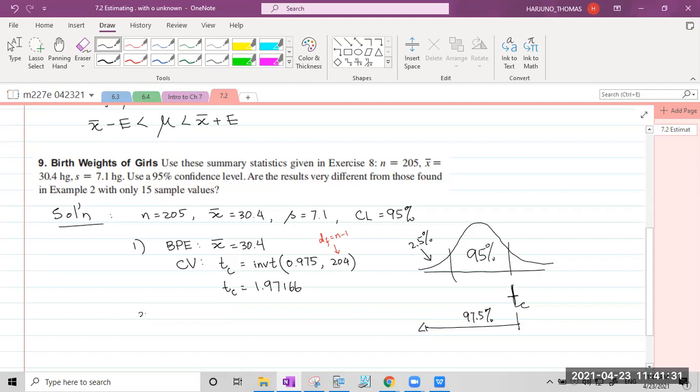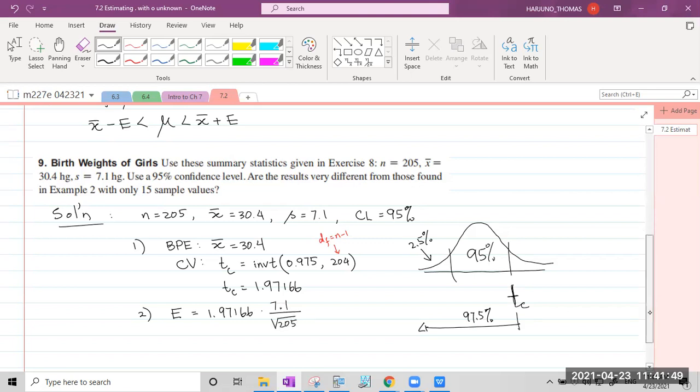Then how about the margin of error? The margin of error will be 1.97166 times the sample standard deviation, that's 7.1, over the square root of 205.